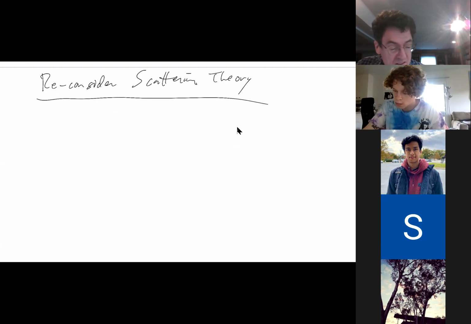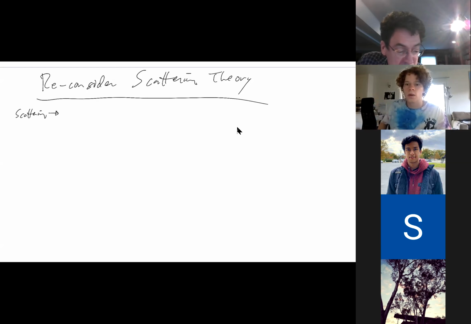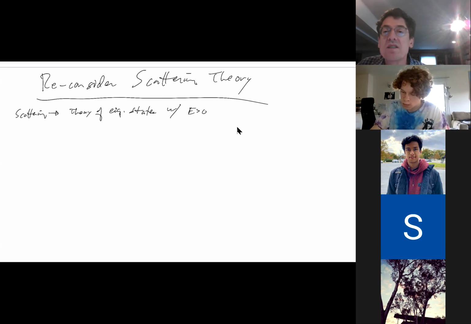Because remember, scattering is really, like I said at the beginning, just the theory of eigenstates that have positive energy, right? That's what it is.